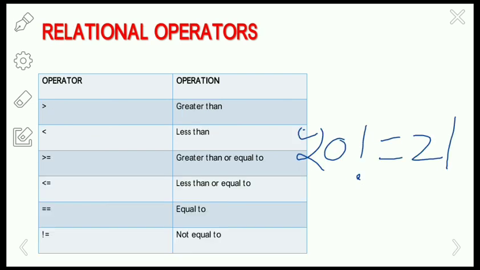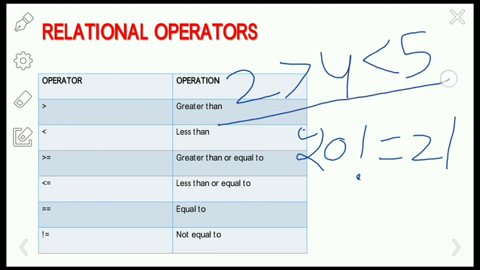Similarly for the relational operators, I am taking the statement 2 greater than 4 less than 5. Here it is a relational expression which is having only relational operators. So an expression is nothing but a formula, which is having the set of operands and the operators. So this is about the operators and expressions in the C programming language.